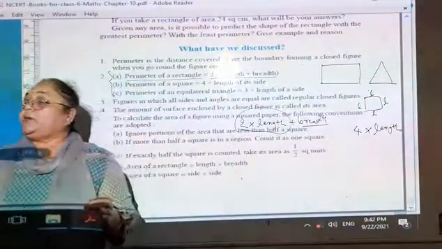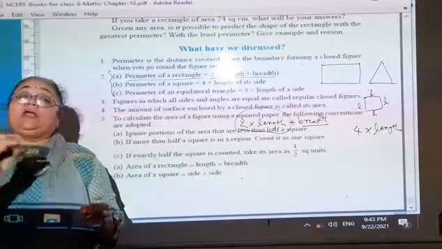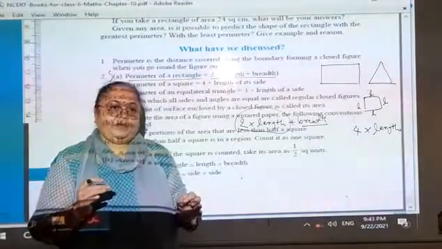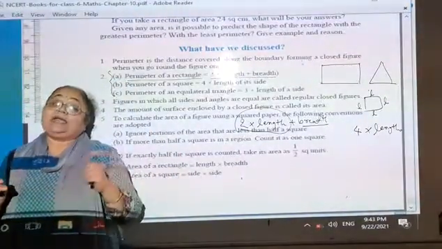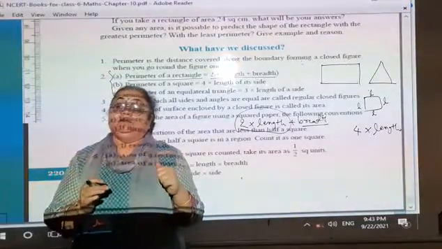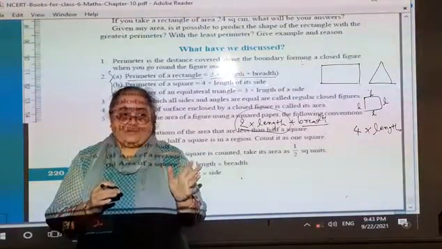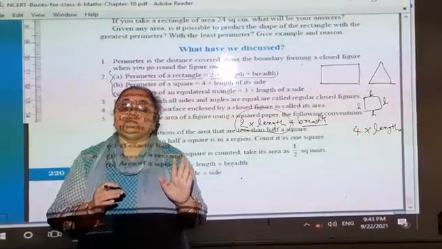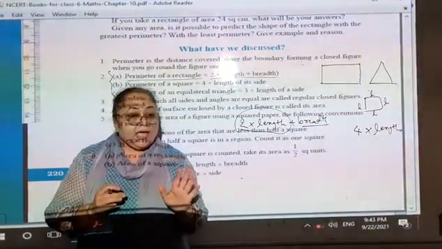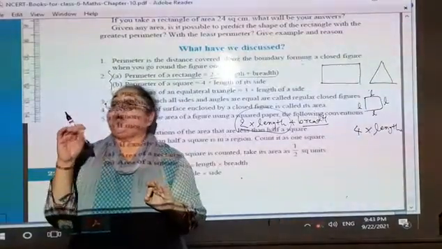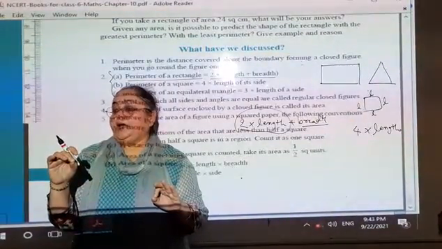And to find the perimeter of a regular figure, 3 multiplied by side for a triangle, then for pentagon, hexagon, octagon. What does it show? What is the formula for the regular figure?